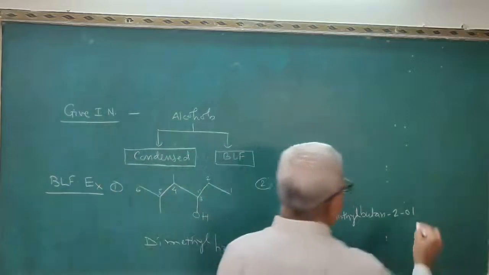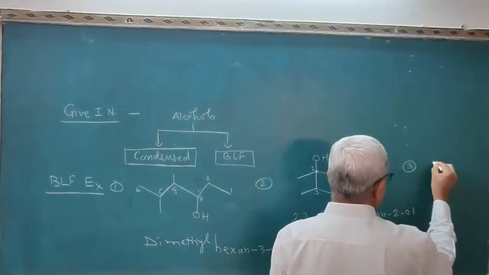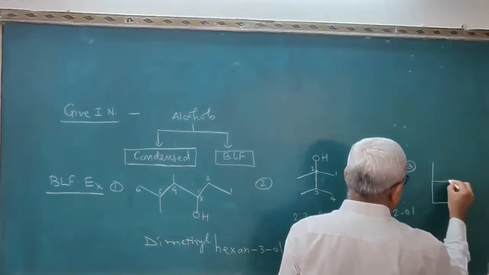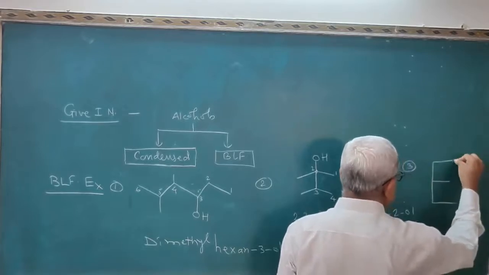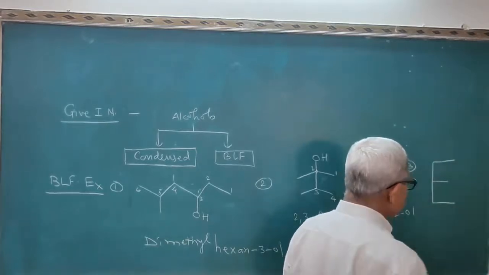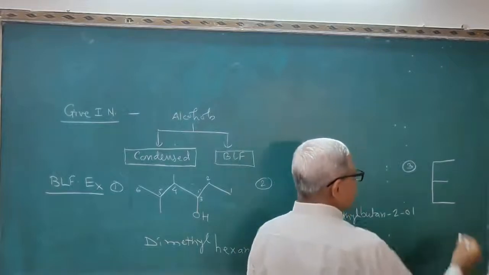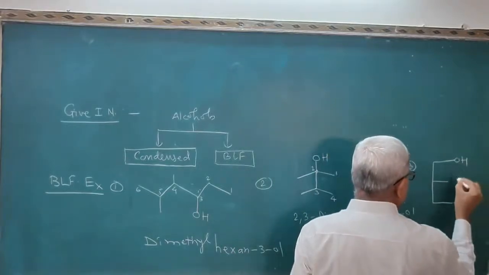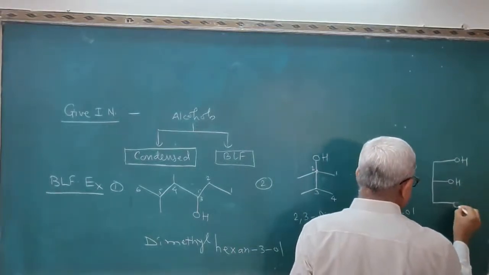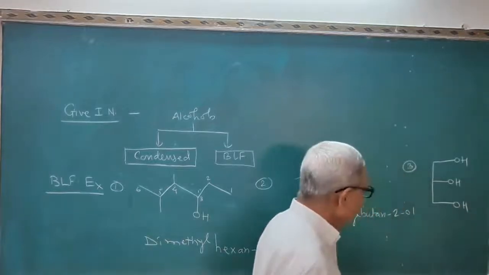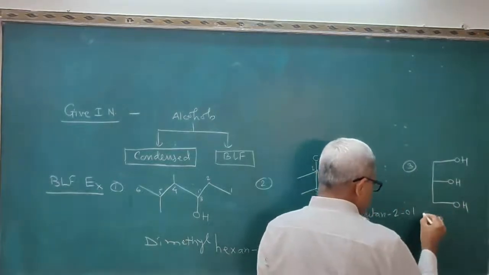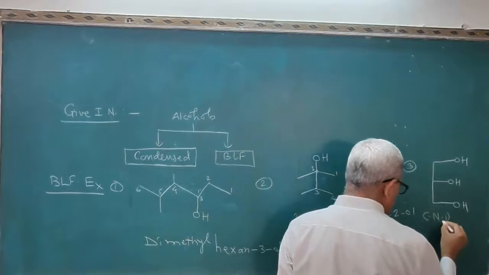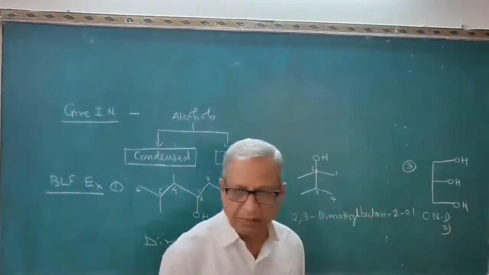Then third example. This structure represents the capital E. Now see here, when we attach one OH group here, another OH group here, another OH group here. You know that in classification I was explaining it has two common names.